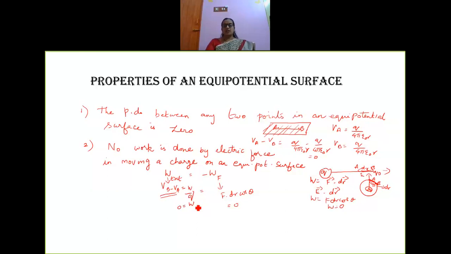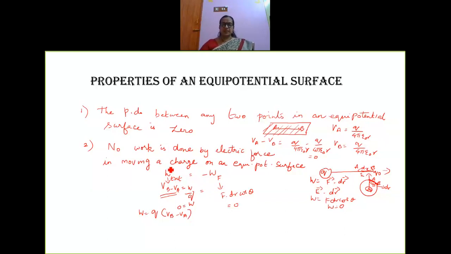So, no work is done by electric force in moving a charge on an equipotential surface. Is it clear? Now, this property is explained in your textbook, which is the first property, children. Properties of an equipotential surface. The work done to move a charge between any 2 points A and B on an equipotential surface is W equal to Q into VB minus VA.